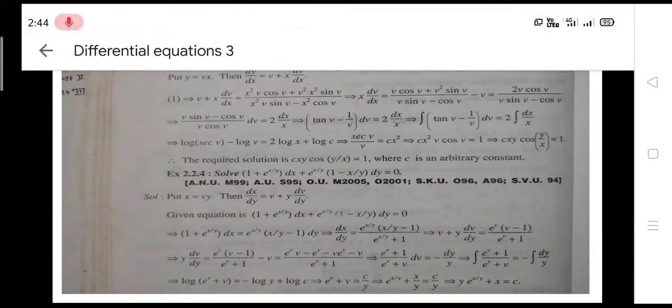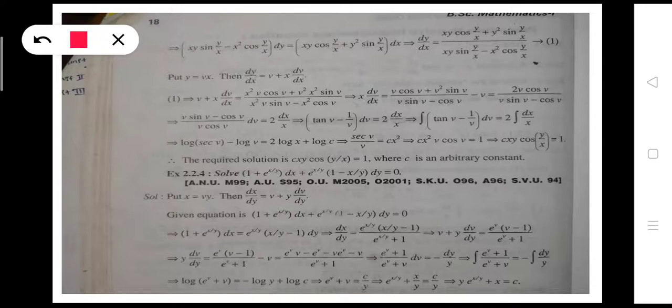This is called equation 1. Now, in equation 1 it can be observed that the degree of numerator and the degree of denominator both are the same. Therefore, the given differential equation is a homogeneous differential equation.